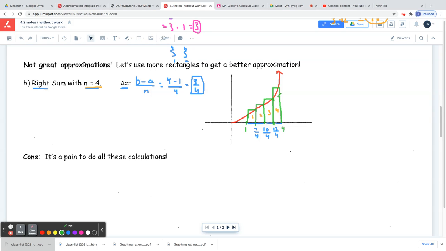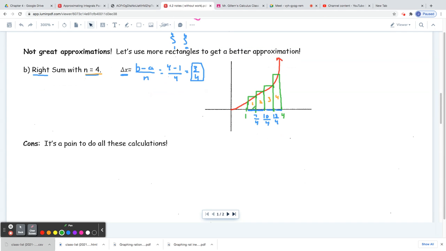So I'm going to add up the area of rectangle 1 plus 2 plus 3 plus 4. To make things easier, what do all of those rectangles have in common? They all have the same base. So instead of doing 3/4 times the height of this, 3/4 plus all that, we can always put whatever delta x is on the outside, like pull it out.